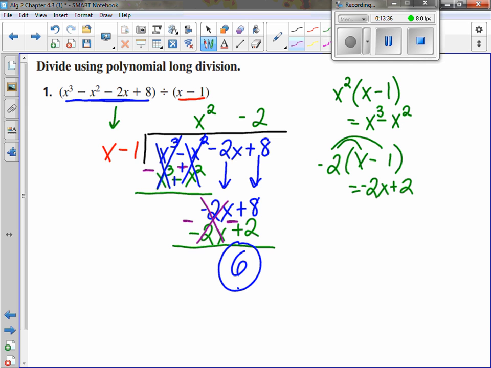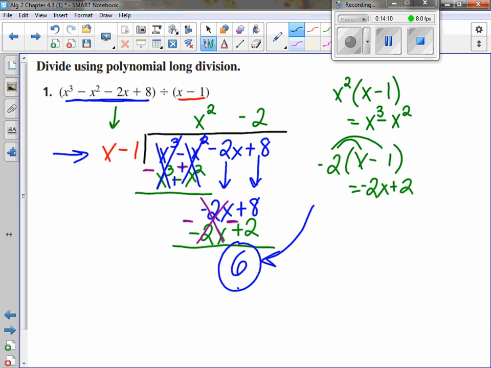We're going to keep doing these division steps of multiplying then subtracting until the degree of what we have left is less than the degree of what we're dividing by. Because what we're dividing by, this x minus 1, its degree is what? 1, yes? Whenever I get a constant term, I'm done. Because I cannot divide it any further than this. Any questions on this here?